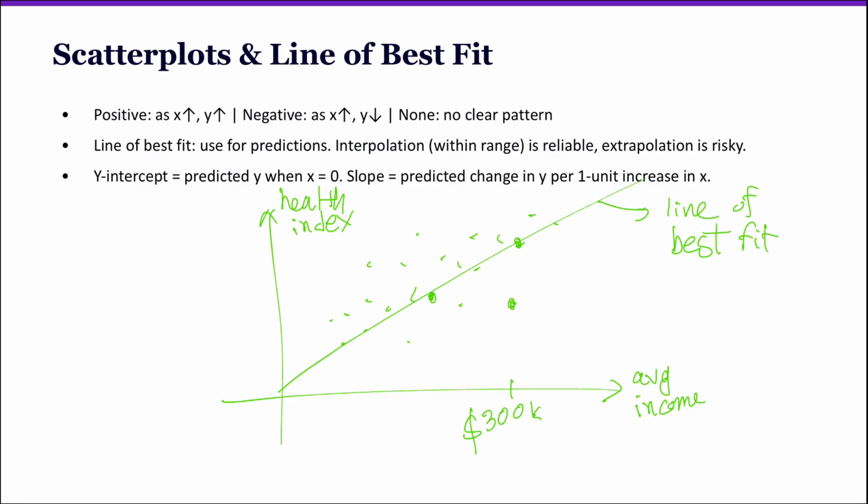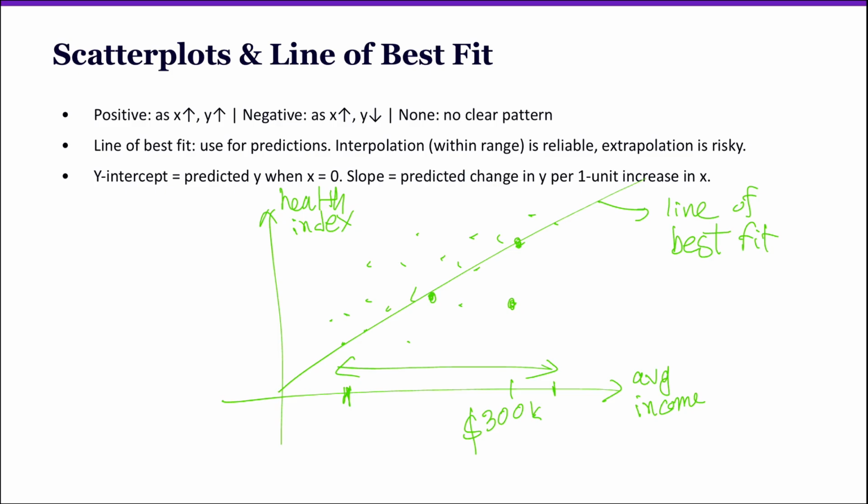So in that case, we're taking a value within this range. That's the range of average income represented in the sample size. And we're trying to predict a value for the health index for an average income within that range, based on all the data that we have received, the sample we have collected.